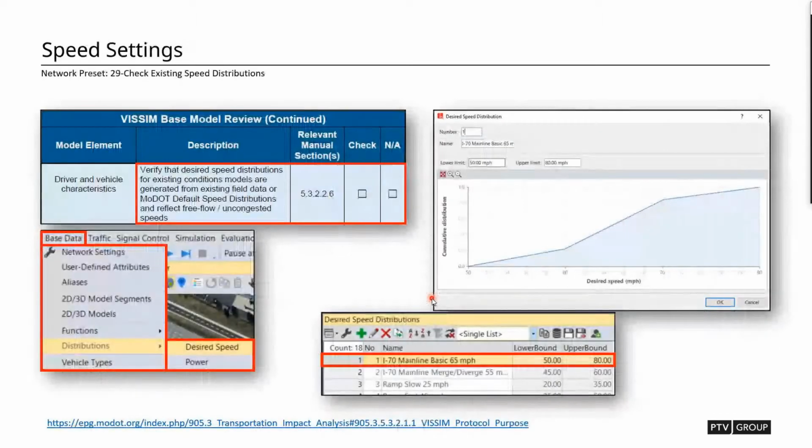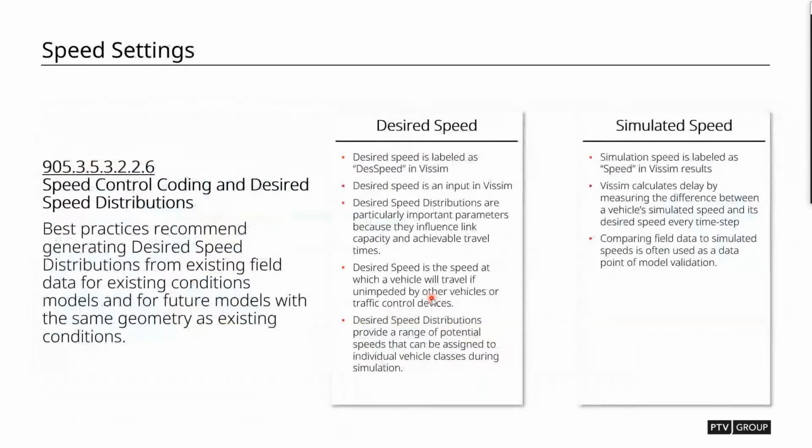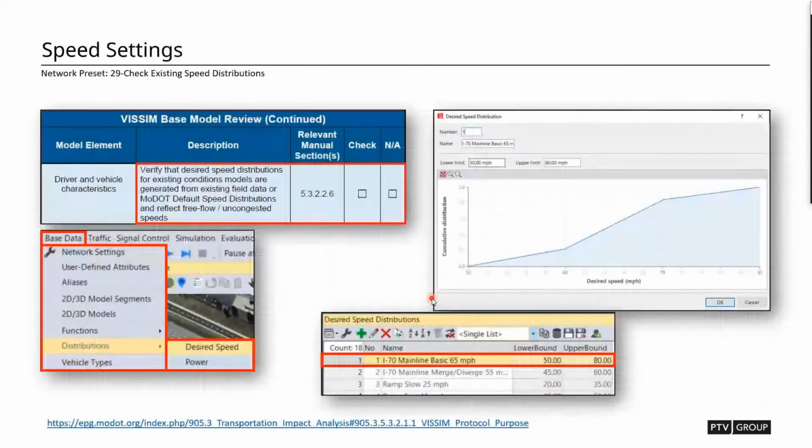All right, so the way we implement speeds, now that I've talked about desired speeds and simulated speeds to death, the way we implement speeds in Vissim are in two ways. One is with a desired speed distribution or decision point. This is like a speed distribution around some sort of posted speed limit, right?